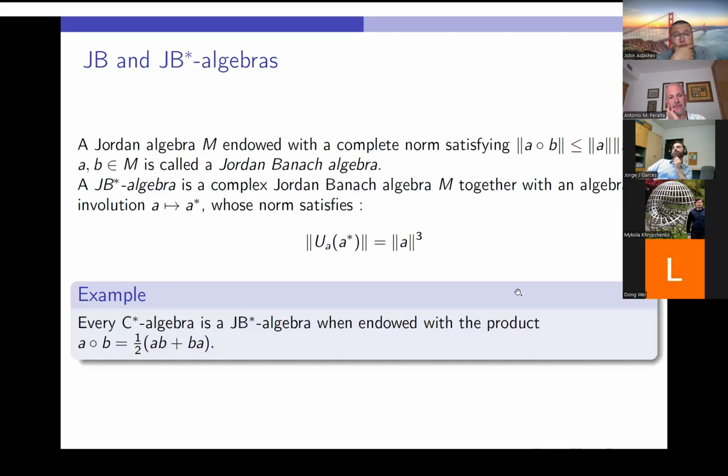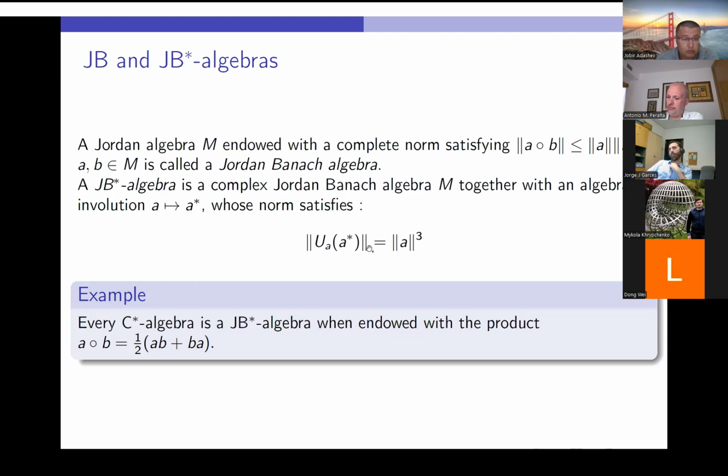Of course, we need some very special types of Jordan algebras, which are JB-star algebras. So we have a Jordan algebra endowed with a complete norm that has this property, which says that the product is continuous. We call this a Jordan-Banach algebra, and it is a JB-star algebra if it also has an involution and satisfies this other axiom here, which is the Jordan generalization of the Gelfand-Naimark axiom for C-star algebras.